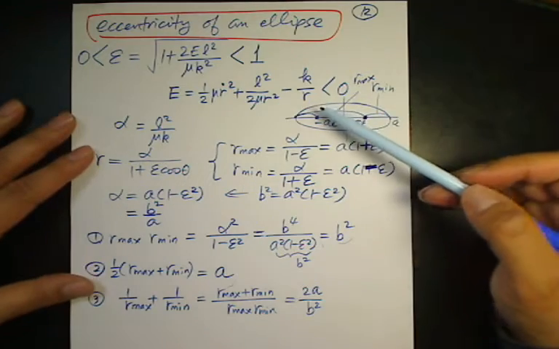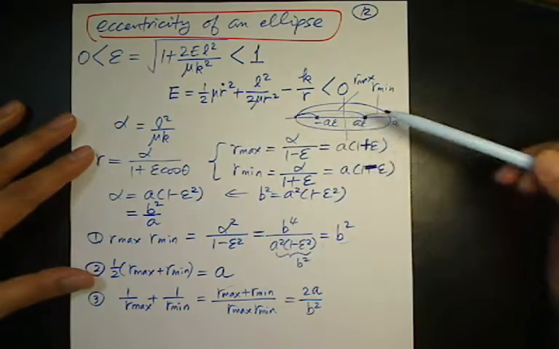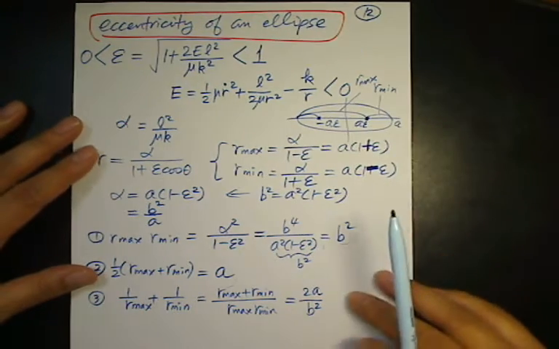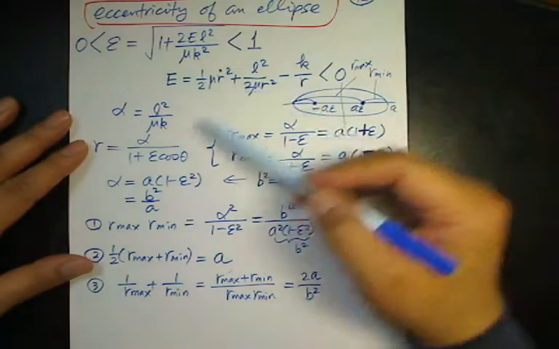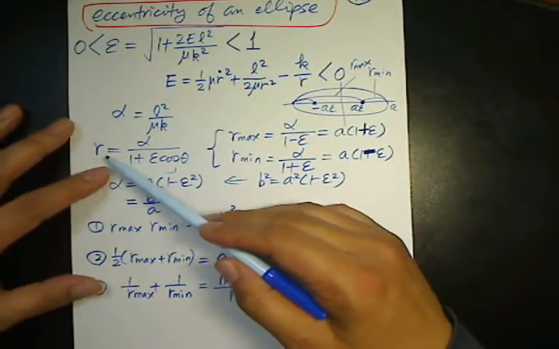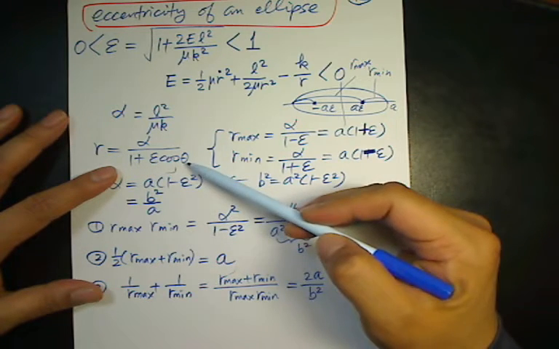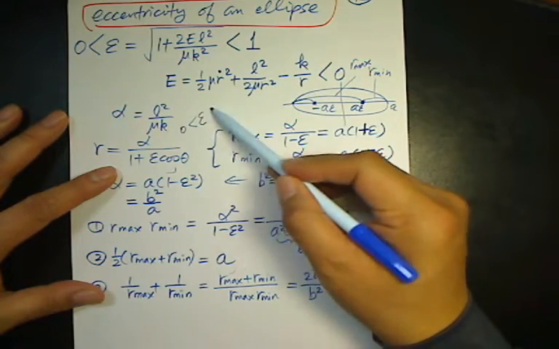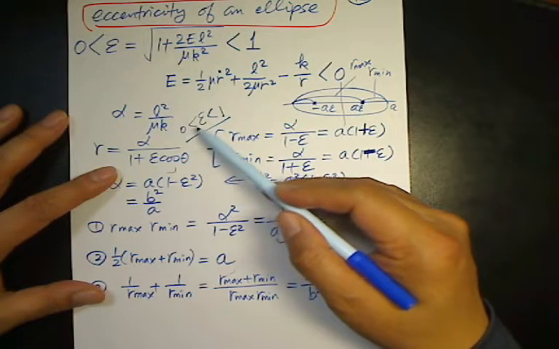And we remember the total energy is negative in order to have a bound state. The parametric equation shows that r equals alpha over 1 plus epsilon cosine theta, and for an elliptic orbit epsilon is between 0 and 1. And 0 is allowed for the circle.